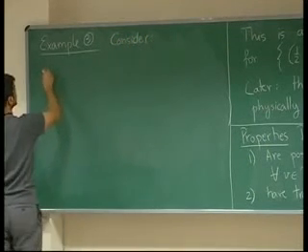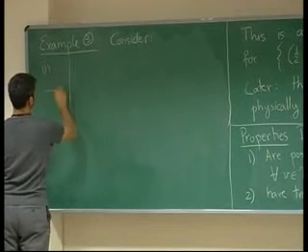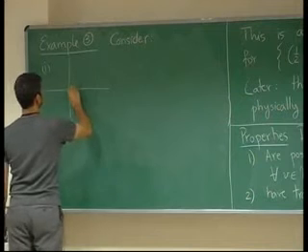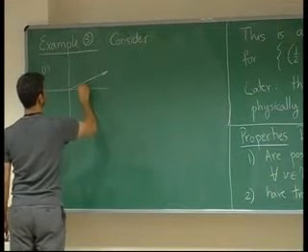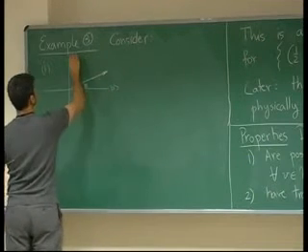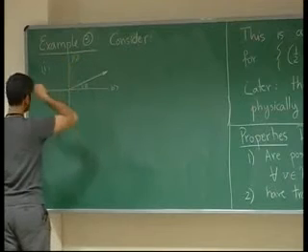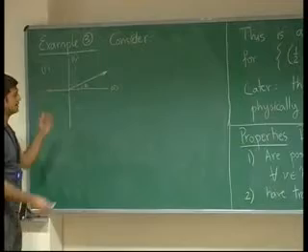So consider these two states. One is, well, I'm going to write it pictorially. So let's say this angle is theta. This is ket 0, this is ket 1. So this is basically cosine theta 0 plus sine theta 1.